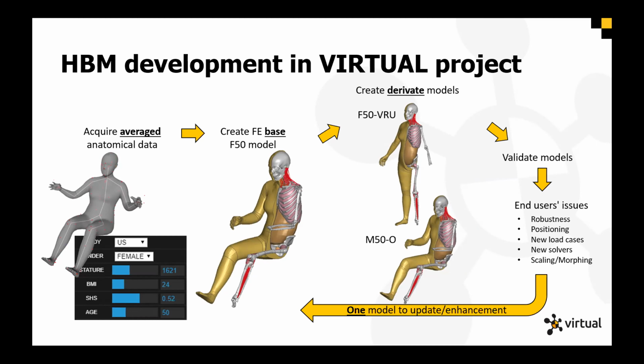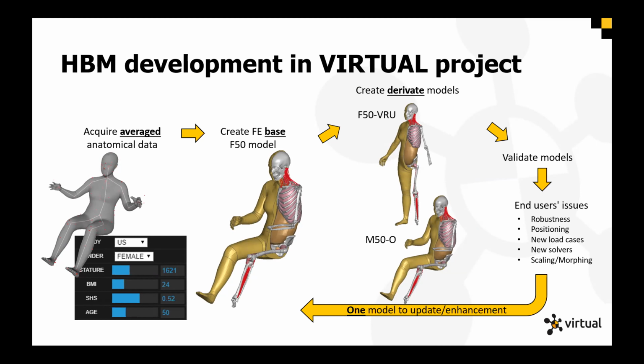So then we create one base model, and we have chosen the seated average female as base model. And the reason for choosing the average female model is partly technical, but also political. And we think that it's time to put the females in focus, and to use the average female as the base model is one way to do that.